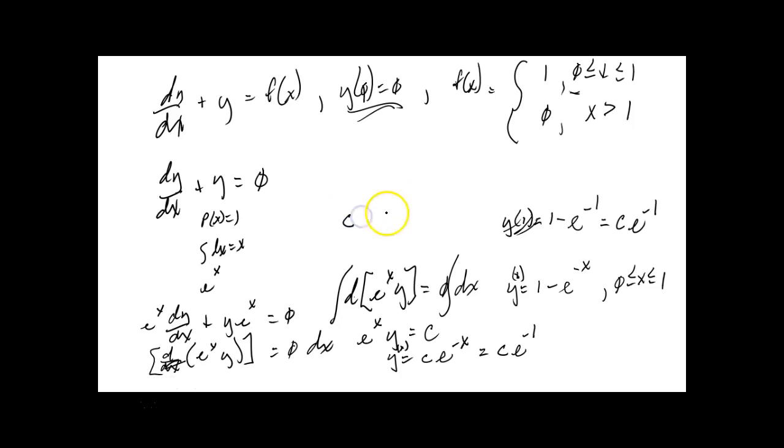And you'd have c is equal to e minus 1, because e to the minus 1 times e is 1, e over e. So c is equal to that.